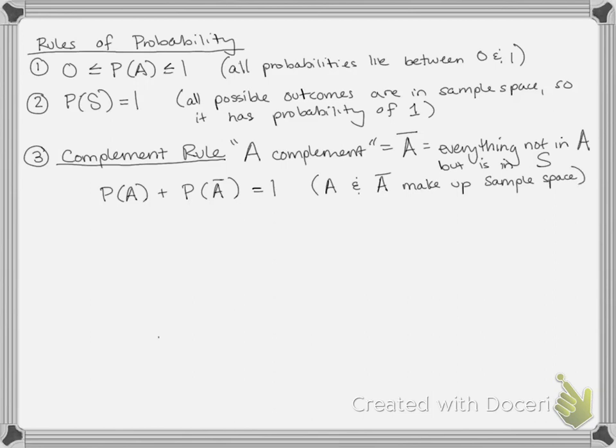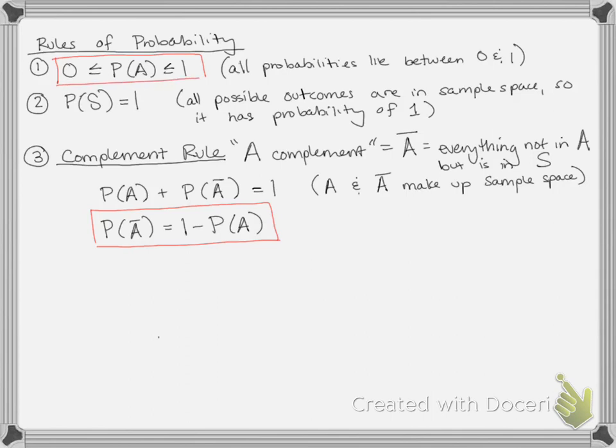But the way we typically would use this formula is that we would rearrange it, and we would say that P of A complement is equal to 1 minus P of A. So we would take our value and subtract from 1. So we'd literally say 100% minus the probability of the event A. Okay, and then I'm also going to box up the fact that all probabilities have to lie between 0 and 1, and the probability of the sample space is equal to 1, because those are all of our rules so far.